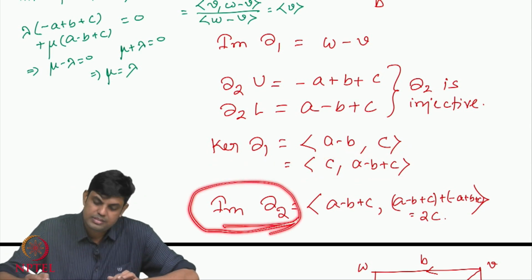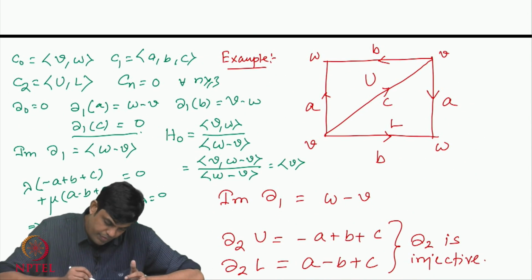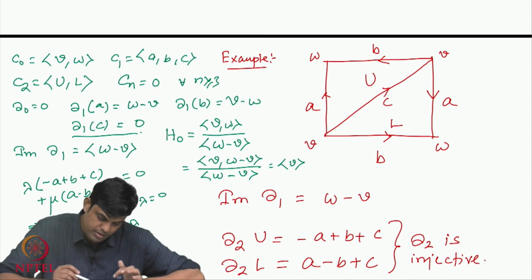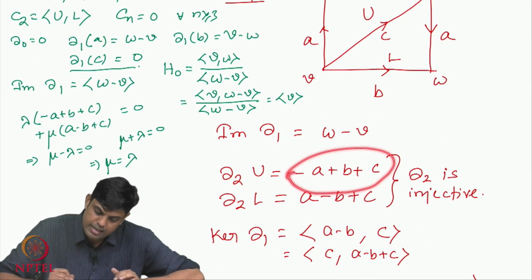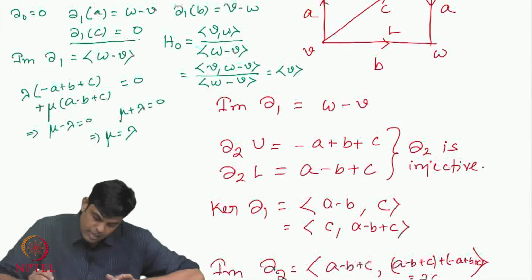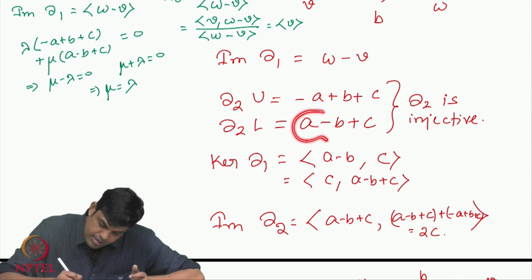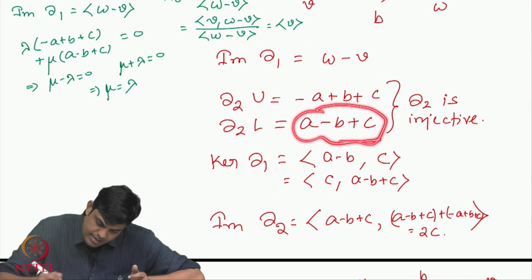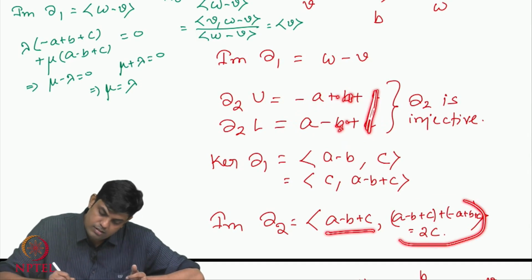So we have obtained kernel of delta 1, which is generated by this, and image of delta 2. So the delta 2 is injective. So the image would be generated by the image of delta 2 under U and delta 2 under V. So image of delta 2 is minus A plus B plus C and A minus B plus C. So I can write this as generated by A minus B plus C, and then I add these two up, which will give me 2C. So image of delta 2 is generated by A minus B plus C and 2C.